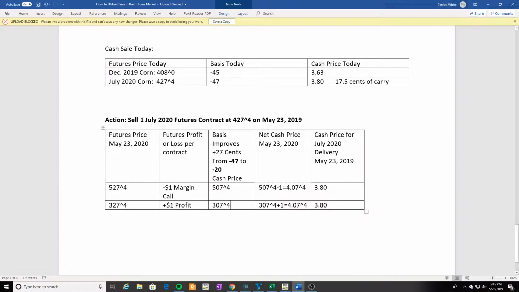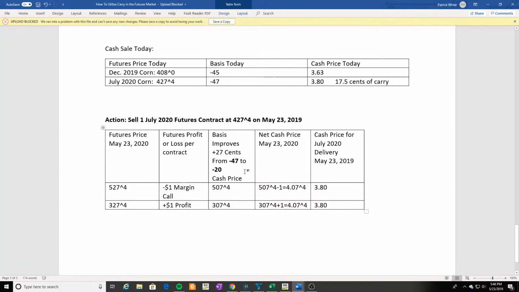And you would go ahead and add that $1 back to your 307.5 price, and you would get the 407.5 instead of the 380 that you could have gotten May 23rd, 2019. So this is going to help you gain that 27 cents of basis improvement, or whatever it would be. Say we gain 10 cents, gain 20 cents, whatever it is. You could lock that in whenever you feel comfortable.